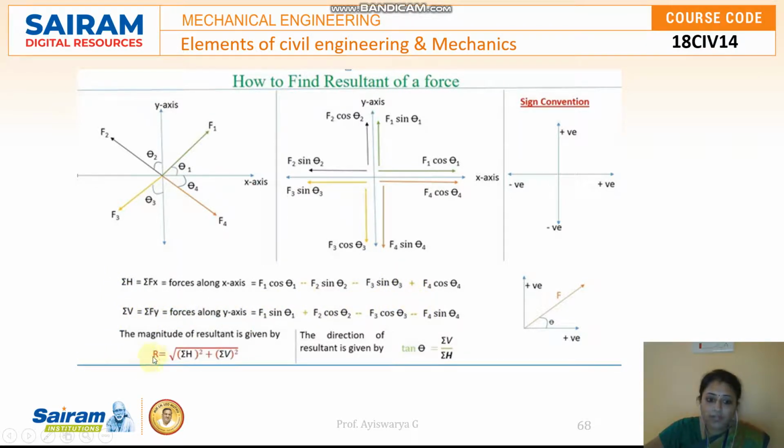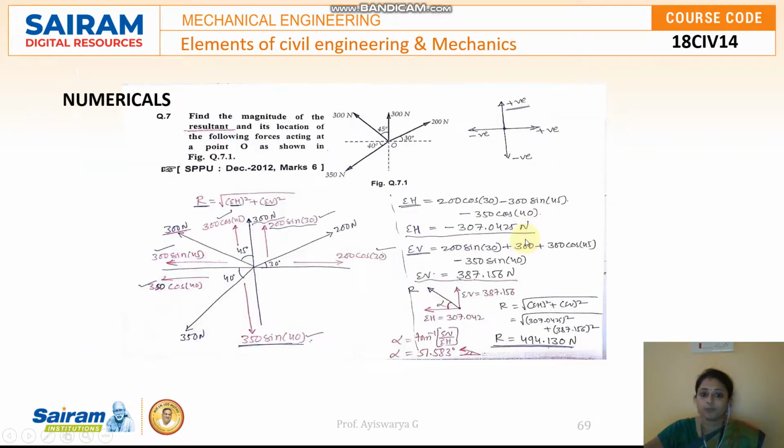Finally, the magnitude of the resultant force is given by R equals root of summation H squared plus summation V squared. The direction is given by tan alpha equals summation V by summation H, with the sign convention taken as positive and negative with respect to the graph.